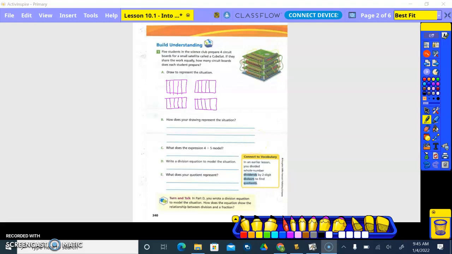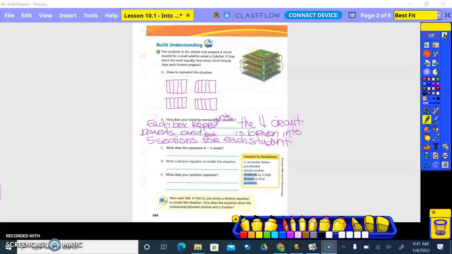How does your drawing represent the situation? So what does the expression 4 divided by 5 model? We said each box represents the 4 circuit boards, and each is broken into 5 sections for each student.